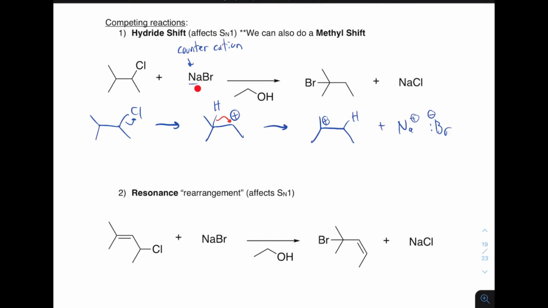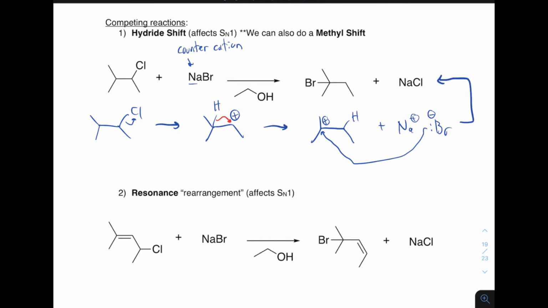So you might see some of these counter cations like sodium, potassium, and some of those other group 1 metals that might be stabilizing negatively charged anions, these nucleophiles. And so simply we have the bromine attack the tertiary carbocation there, and we end up with our products.